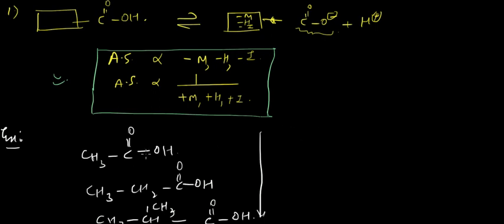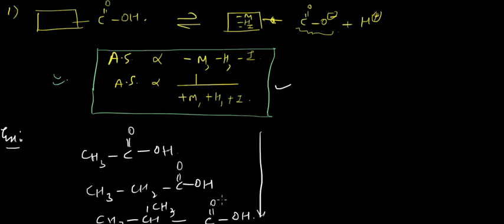So if you want to check the order of acidic strength, we just listed the formula that acidic strength is inversely proportional to the plus M, plus H or plus I groups attached to this carboxylic acid group. So as we go down, the acidic strength should decrease. Why?